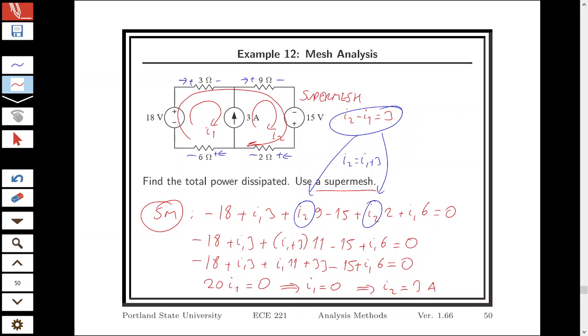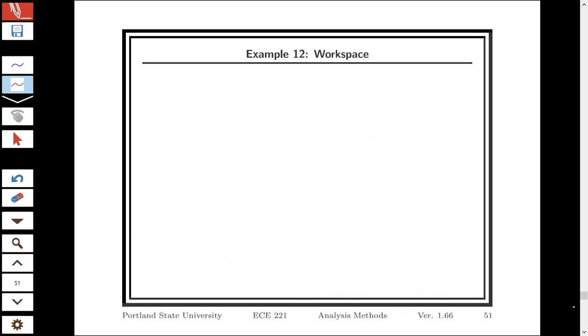Okay, let's move on to calculate the total power dissipated, which is the variable of interest here. The total power dissipated plus total power developed equals 0.